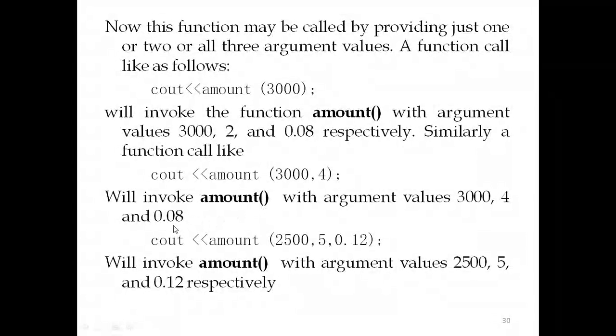But if we call with all three arguments, 2500, 5, 0.12, then principal will be considered as 2500, times will be considered as 5 and rate will be considered as 0.12. So we can invoke the same function in any of the three ways. What we have to understand here is, when we provide default arguments, the function is automatically overloaded with some number of parameters based on how many default arguments we give.